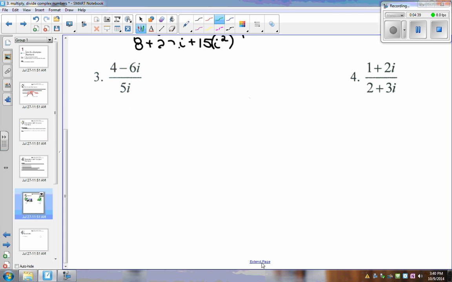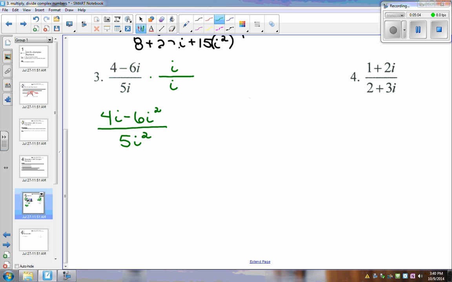If we have a monomial, like we see in number 3, we're going to simply multiply numerator and denominator by i. This allows us to do basic distribution in the numerator, and in our denominator, 5i times i becomes 5i squared.